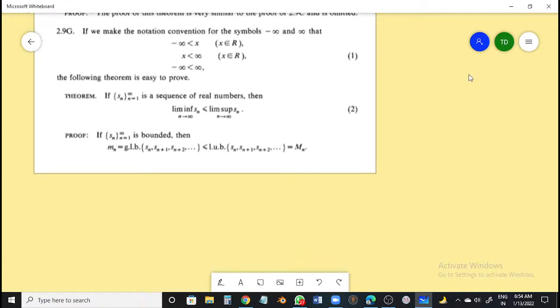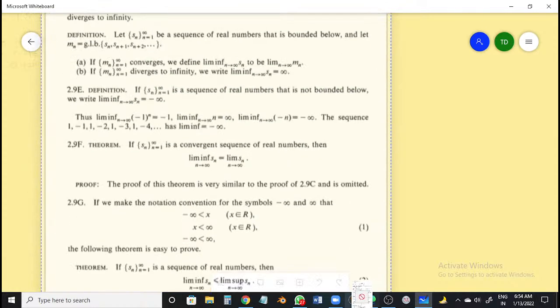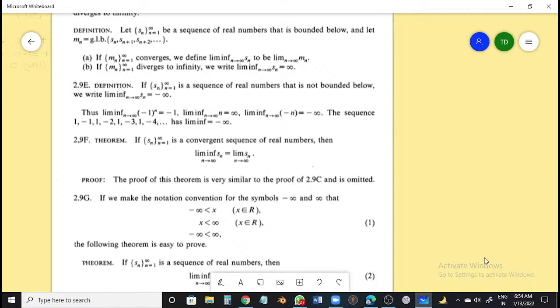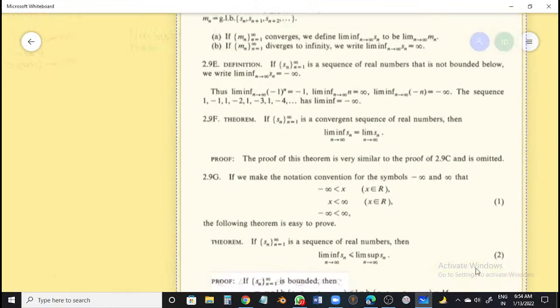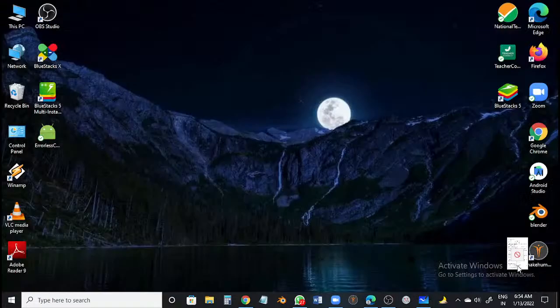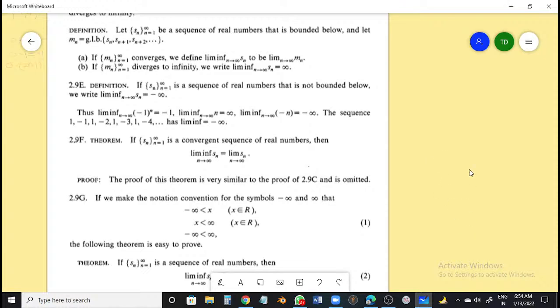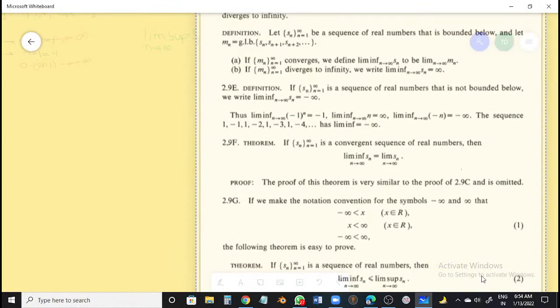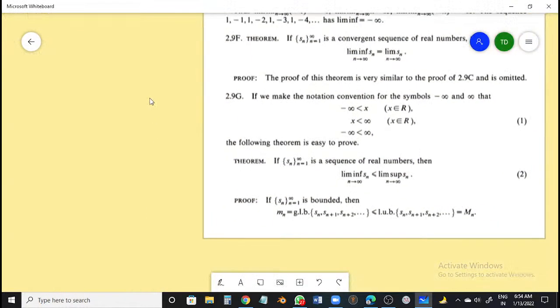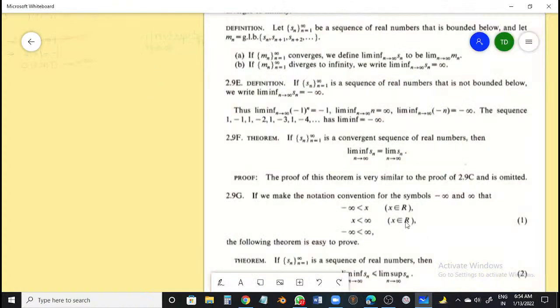Now up till now we were talking only about the limit superiors. Now we have to talk about the limit inferior. So the same thing that we talked about for supremum, same way we will be talking about infimum.